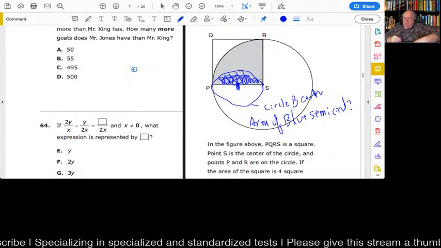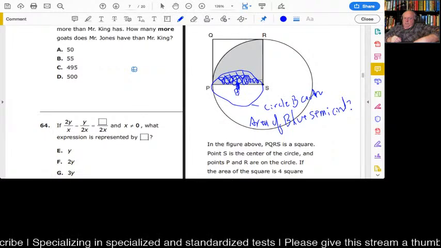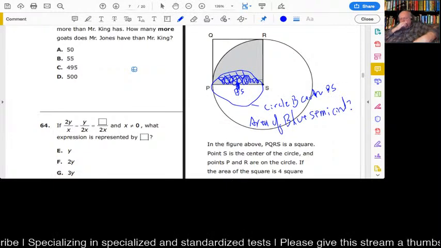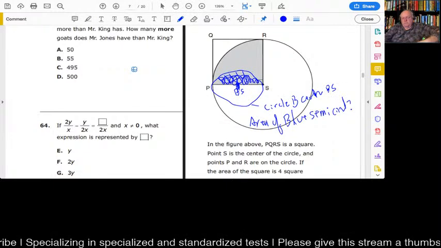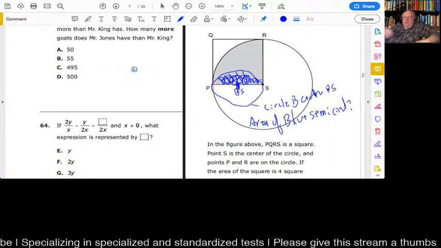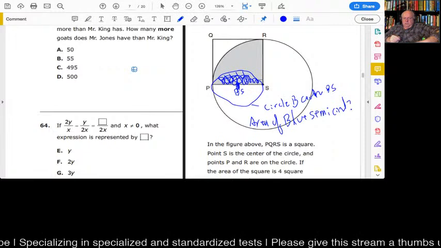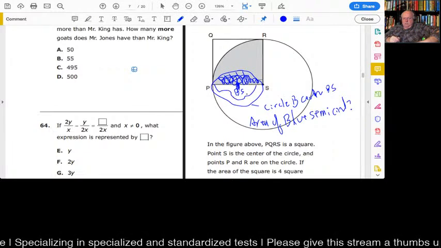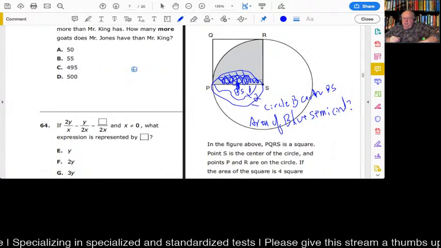I could just call that BS. Center is point BS. Oreo notices that if we know this length here was 2, then BS has to be 1.